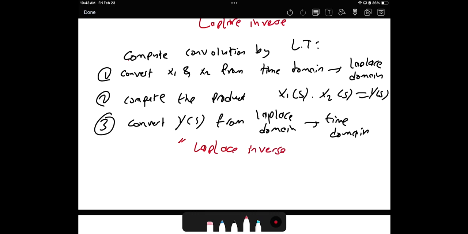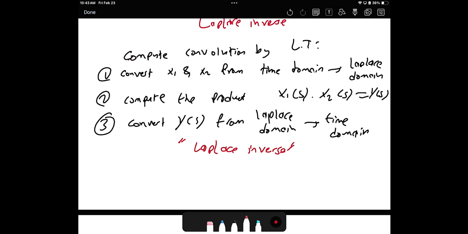Then, we know how to do Laplace, we know how to do that. So the convolution now is easy. It's no longer difficult like what we did before. But the trick is how to do the Laplace transform inverse.